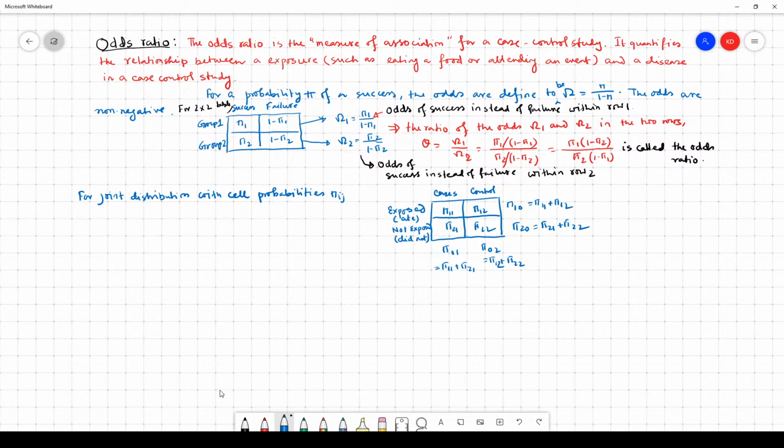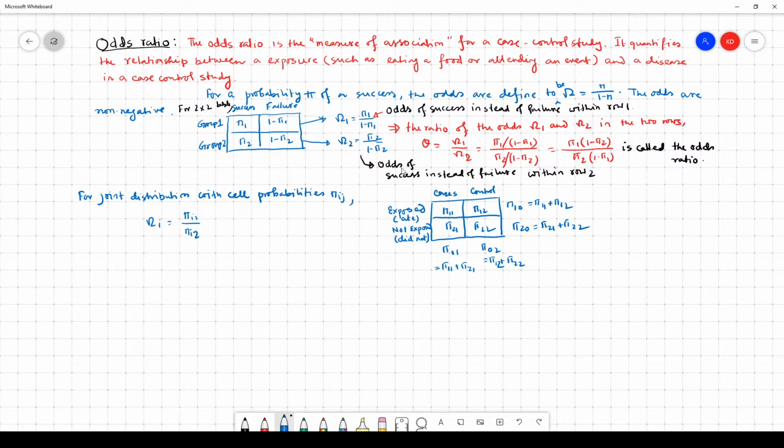So for a joint probability with cell probability pi ij, the odds omega i for group i is equal to pi i1 by pi i2.